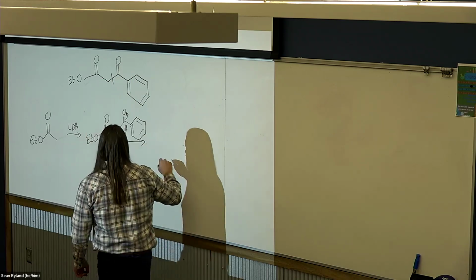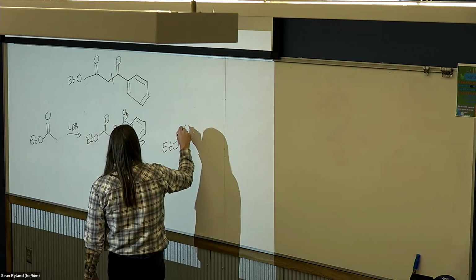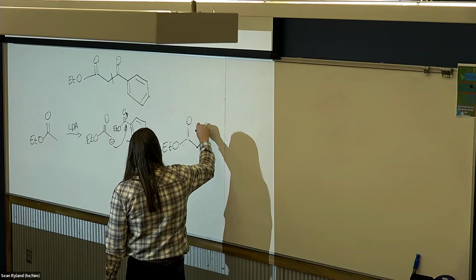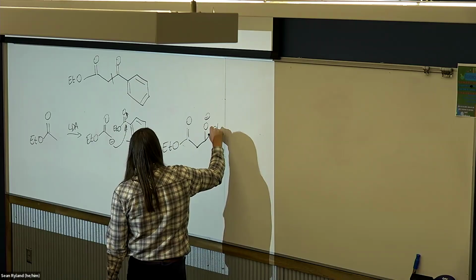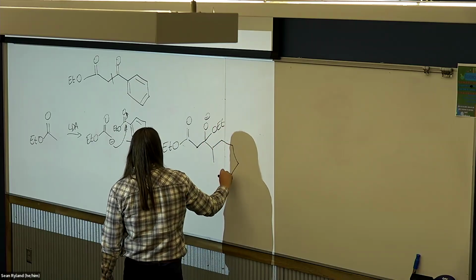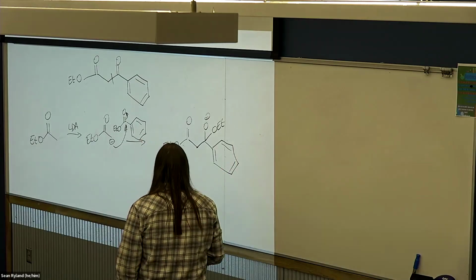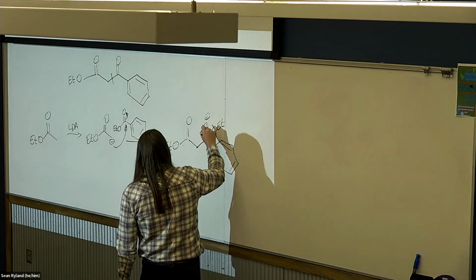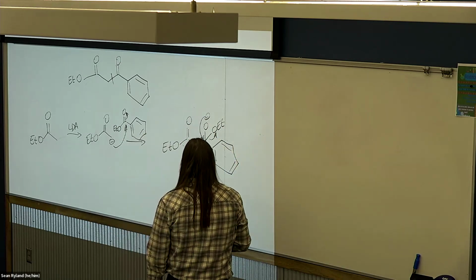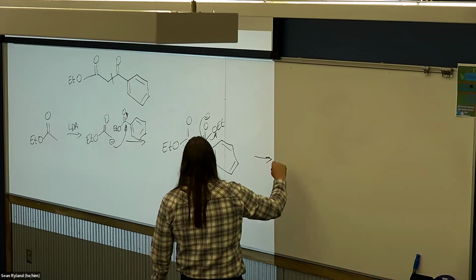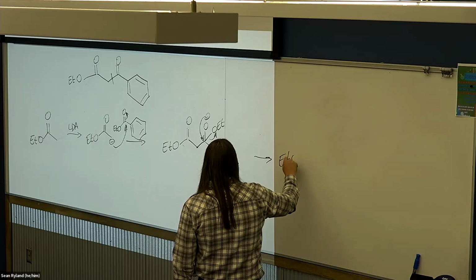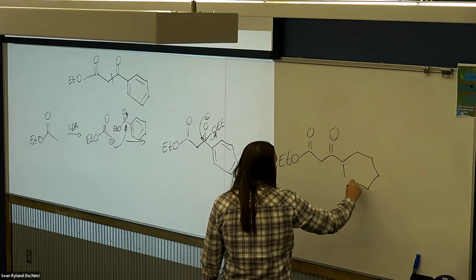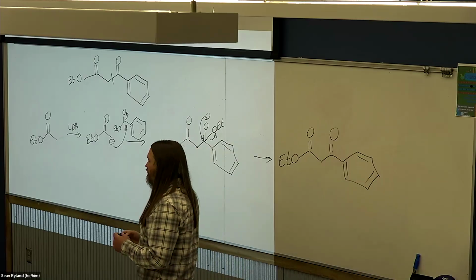This comes in here, makes our tetrahedral intermediate that's going to look like... So what if we don't have ethyl benzoate in our stockroom?